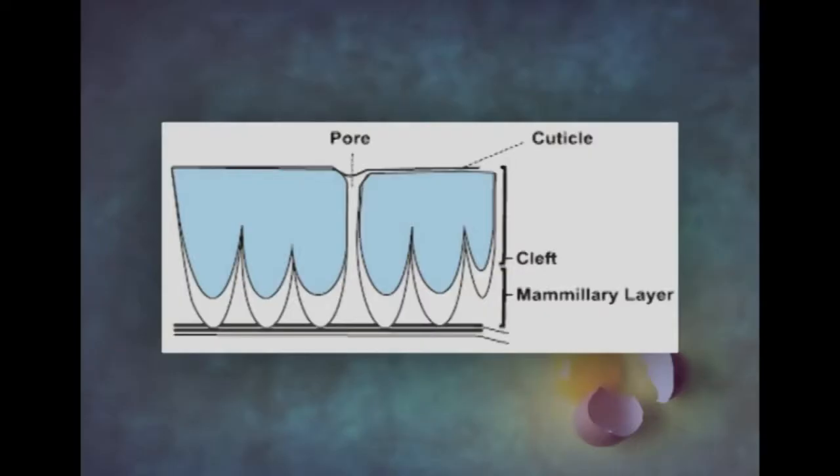Now, the eggshell consists of the outermost cuticle, the spongy or the calcareous layer, the third is the mammillary layer or the matrix, and the fourth is the pores. The shell forms the protective covering of the inner contents of the egg along with the two membranes. It is made up of protein, polysaccharide and calcium carbonate.